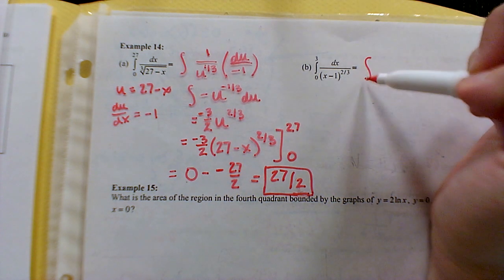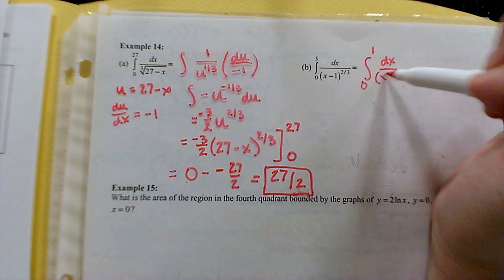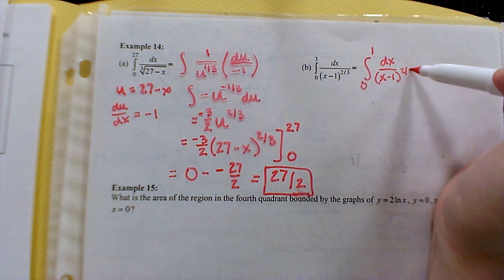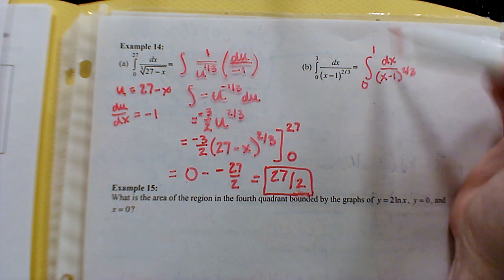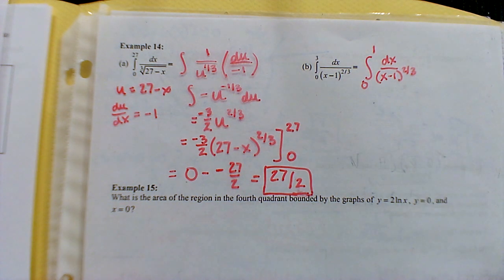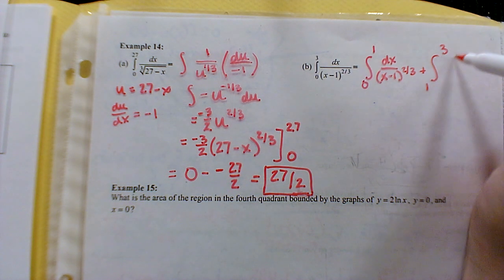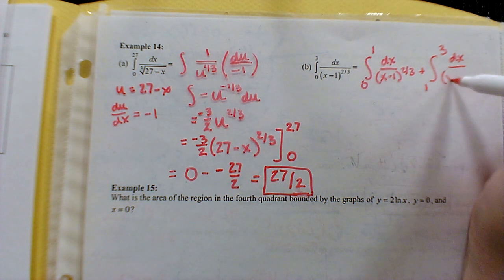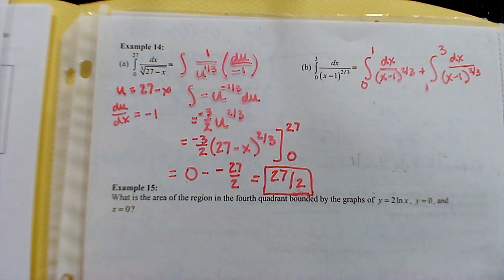So what we got to do is kind of break this up and evaluate each one individually. Because in one case, we need to approach one from the left-hand side to figure out is that area finite or divergent. And then we got to figure out, well, what about the area on the other side? Is that finite or divergent? Converging or diverging?